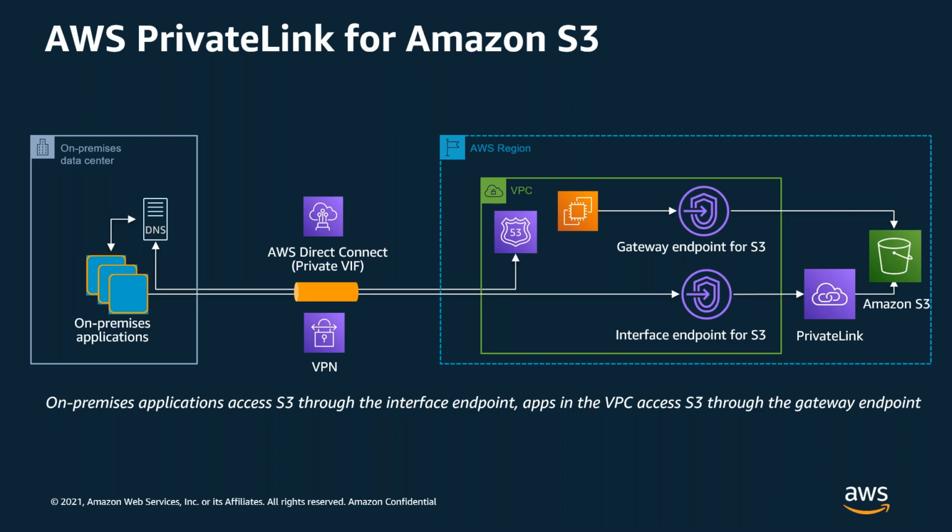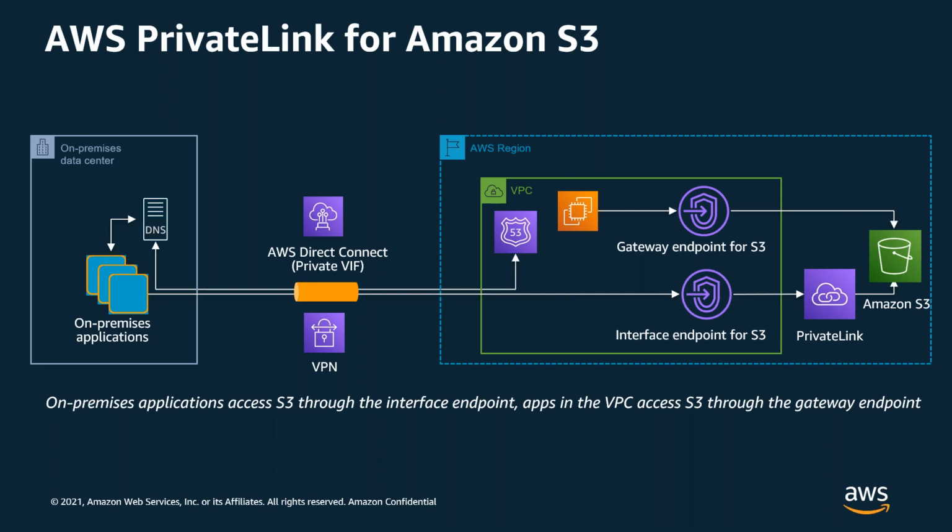So we introduced something called PrivateLink for S3. This is based on a lot of customer feedback, especially in regulated industries such as healthcare and financial services. What this allows customers to do is, customers who need the ability to access S3 from on-premises, but want to go through, say, a VPN or through Direct Connect and not route that traffic over the public internet, they can now do that by creating an interface endpoint for S3, and that will connect to S3 over what we call PrivateLink.